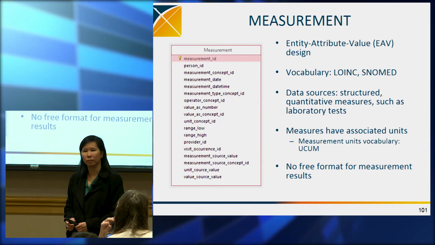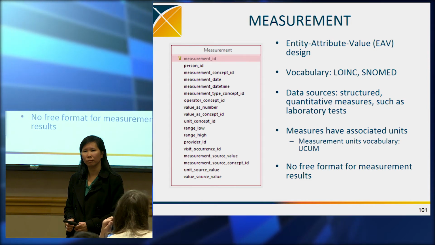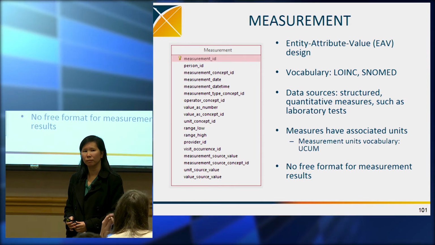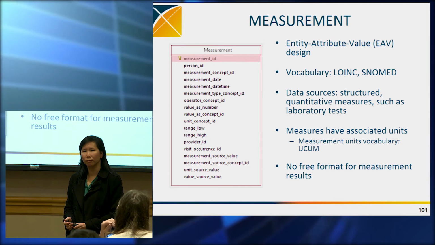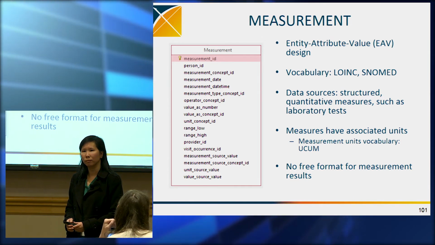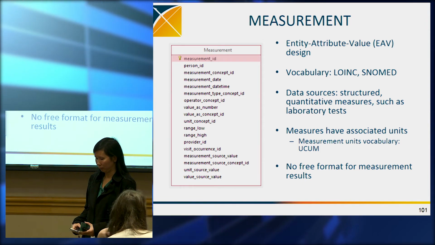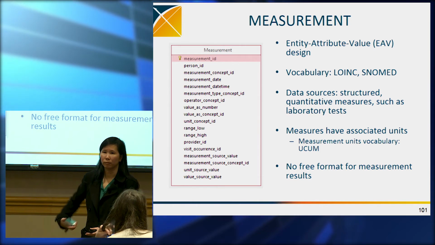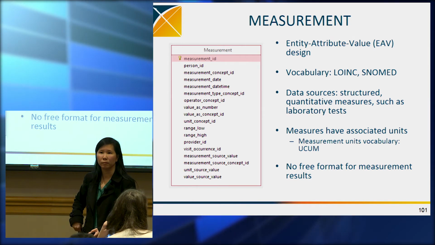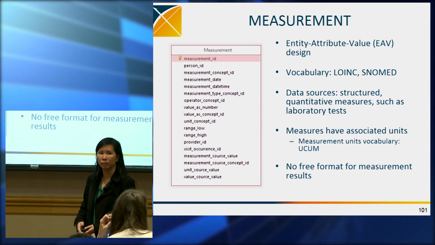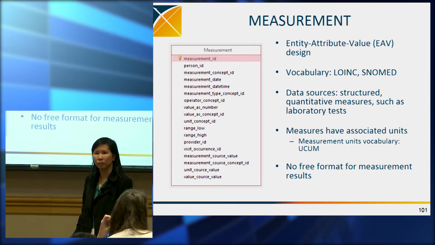And for qualifiers, for value concept ID, we're mostly using SNOMED. For the measurements themselves, like lab names or vitals, we're using LOINC codes. But it's either numeric or concept ID. Strings are not allowed in here because these are analyzable measurements.